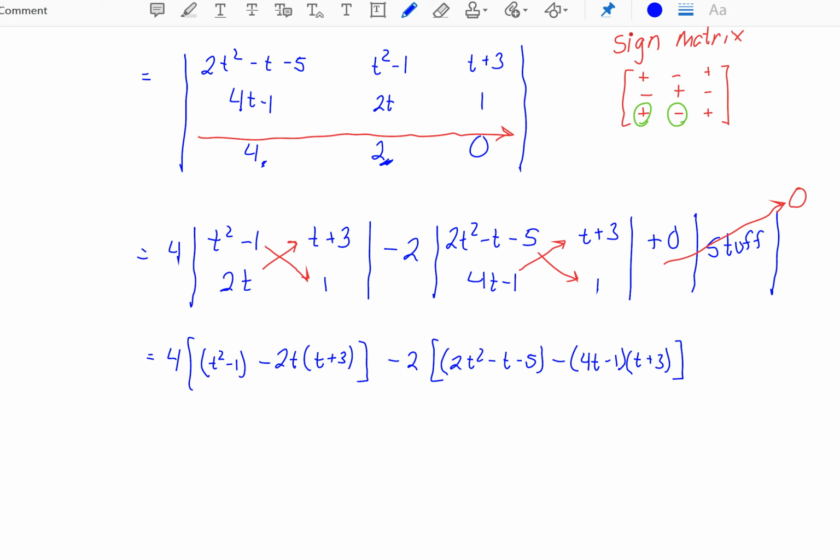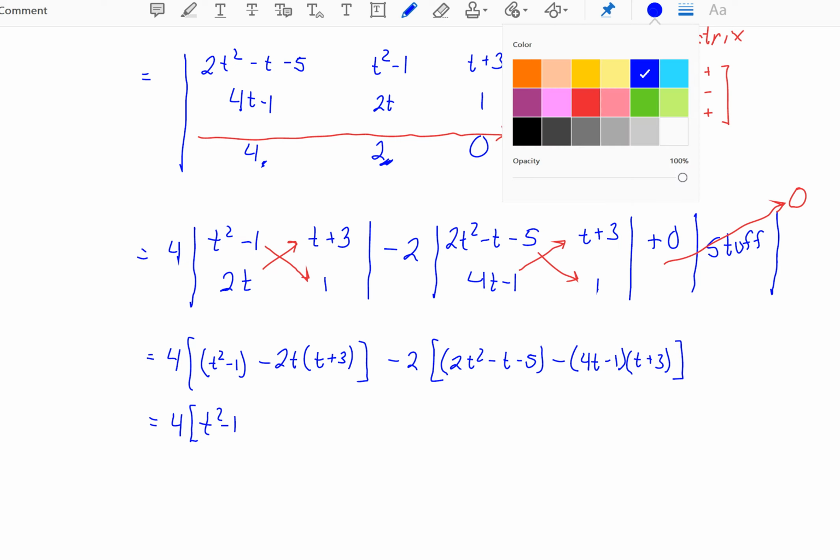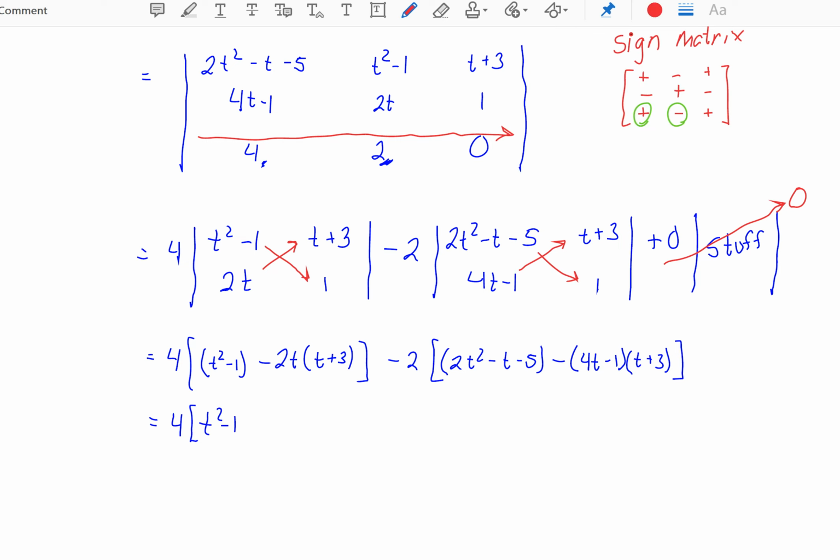Now we're going to want to simplify our expression some. I'm going to do some side work here.